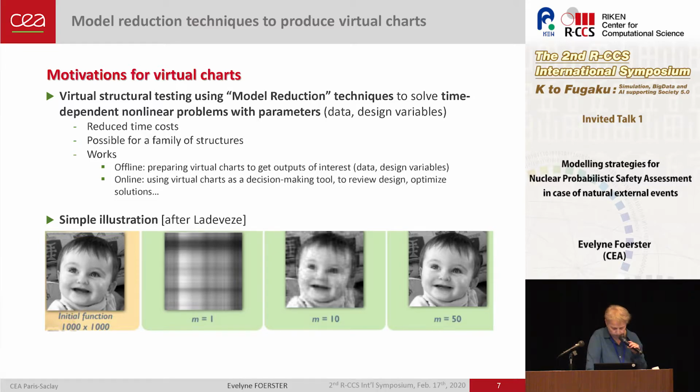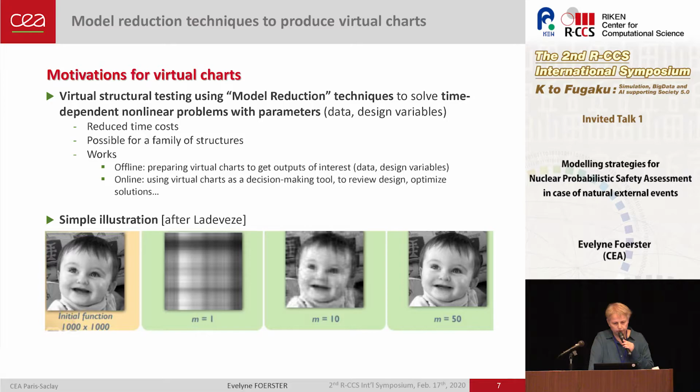As I said, we want to find different ways of reaching computational efficiency. So what we want is to have a sort of parameterization technique in order to solve time-dependent nonlinear problems, which is really the case when we are talking of natural hazards and power plants.